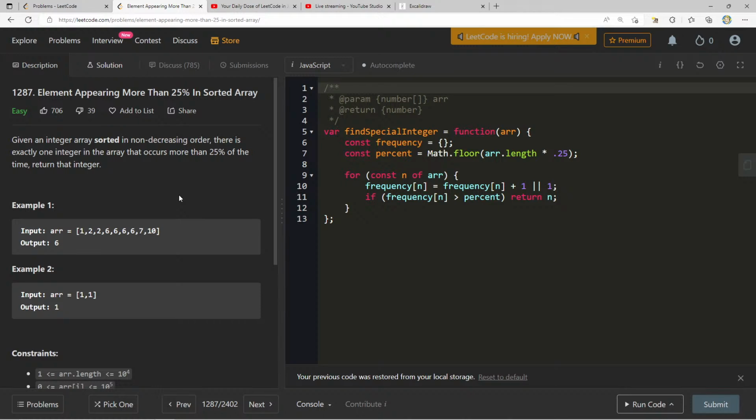I don't think a sliding window here will help. Well, actually, would a sliding window here help? Could a sliding window here help? Or wait a second.